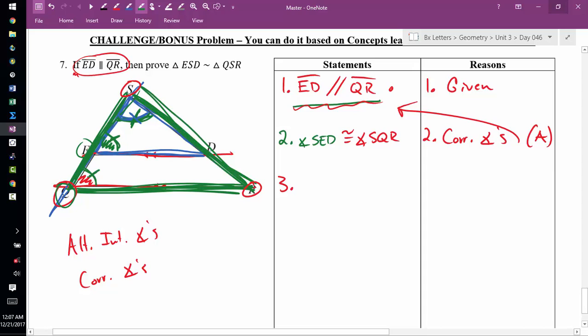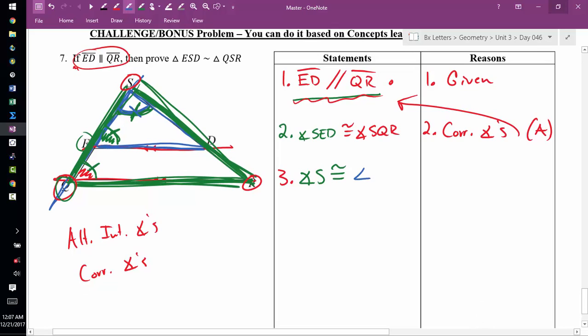That angle overlaps, is flexible enough to be in 2 different triangles. So I can use that, I can double dip. I can use angle S from the green as an angle for my similarity statement, angle S in the blue triangle. And what lets me say that is the reflexive property.